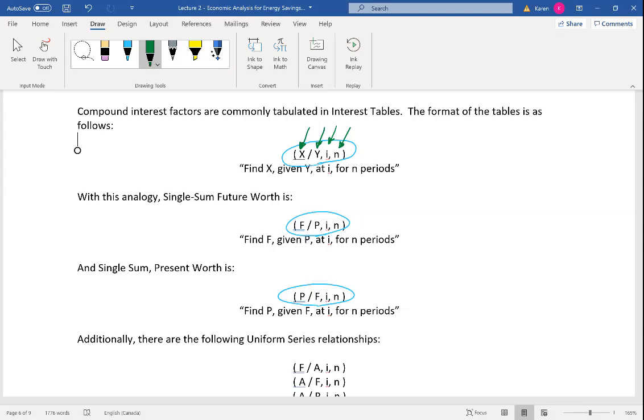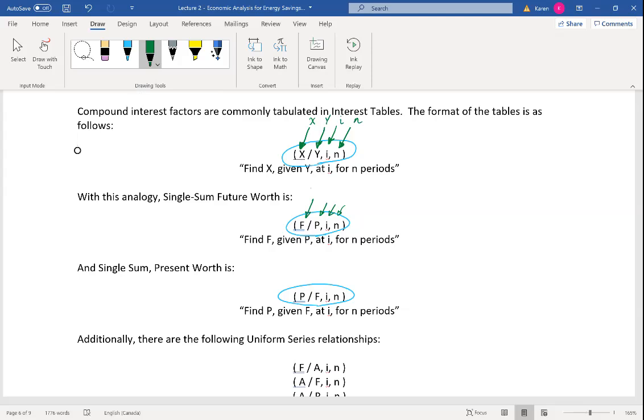So this one reads, I want to find X, given that I know Y, for interest rate I for N periods. This one says I want to find the future value, given that I know that the present value is this amount at this interest rate for this amount of time.